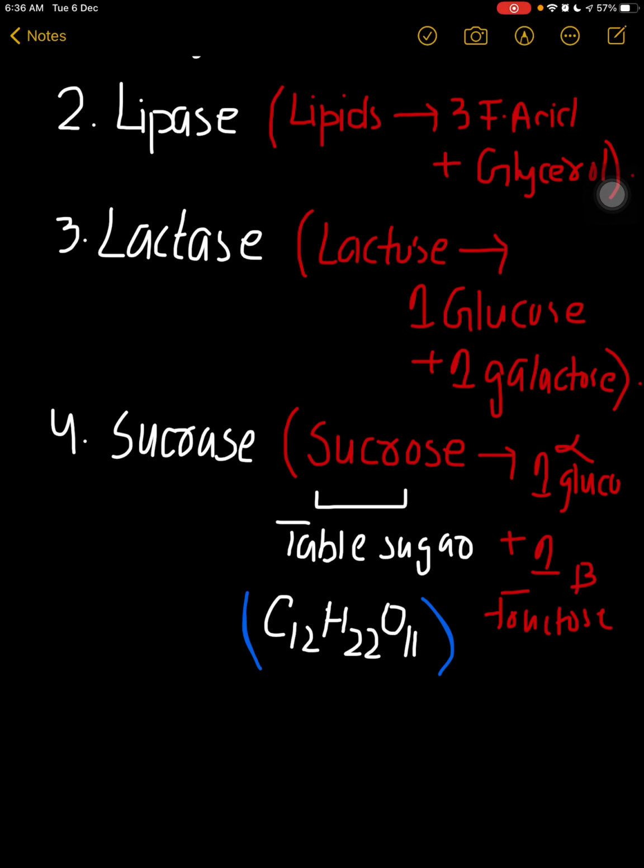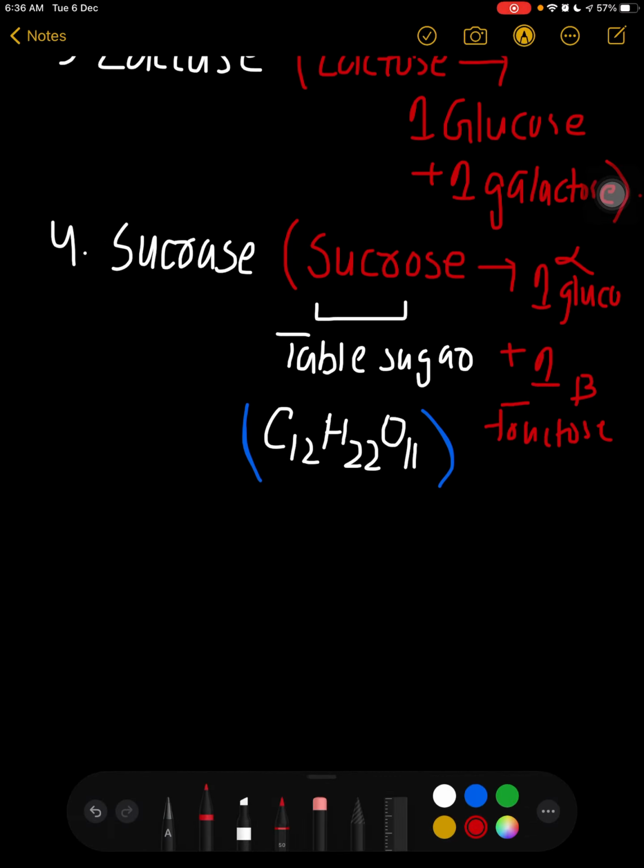Now we also have maltose, and its enzyme is maltase. What will be the work of maltase?